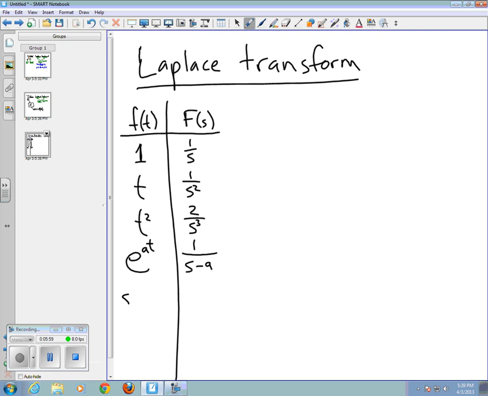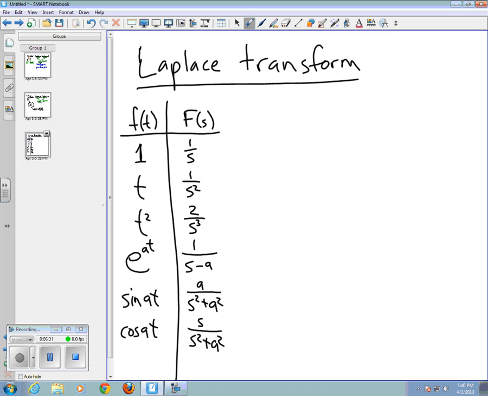If little f of t is sine of at, then the Laplace transform is a over s squared plus a squared. And if little f of t is cosine of at, then the Laplace transform is s over s squared plus a squared. So that's a table that tells us the Laplace transforms of some functions.